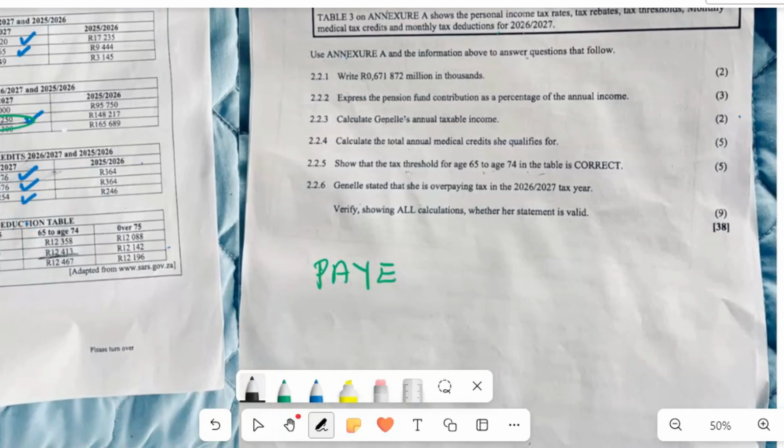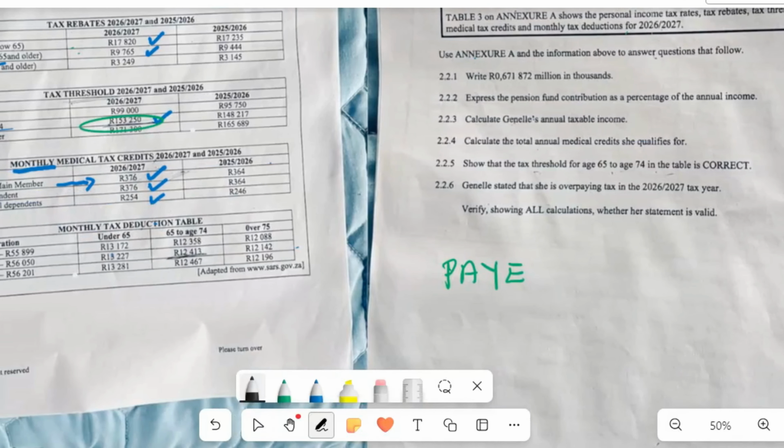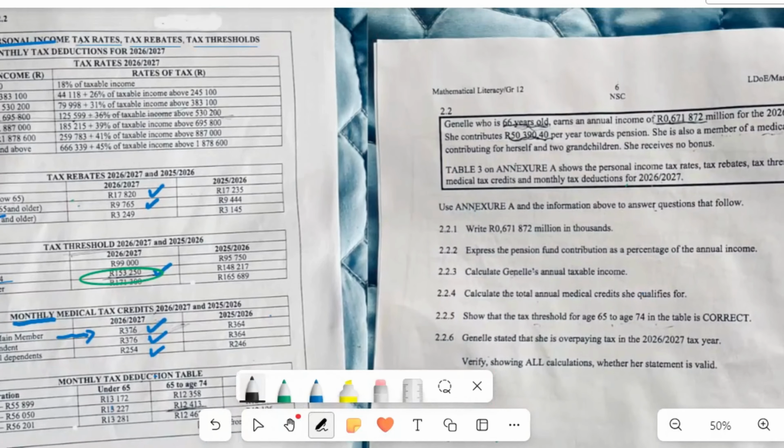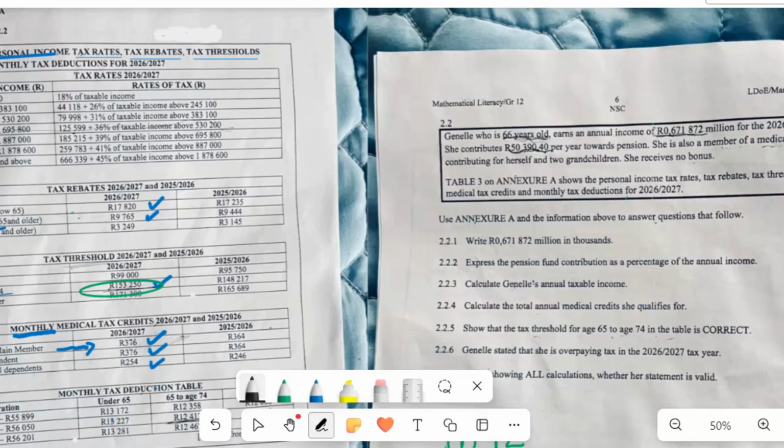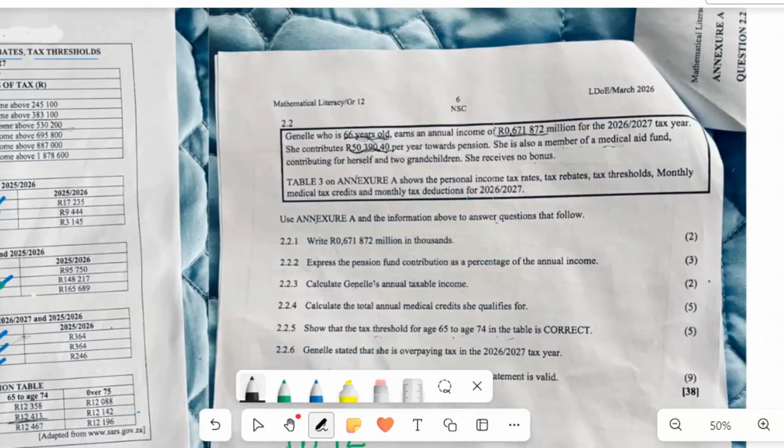Let us check on the tax bracket table. It falls between 530,201 rands and 695,800 rands.